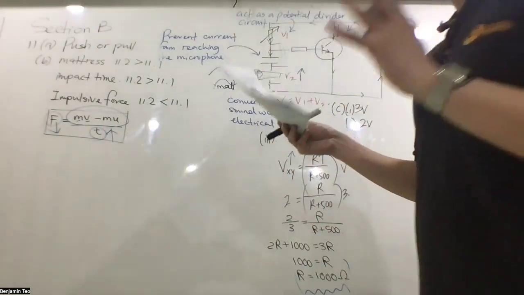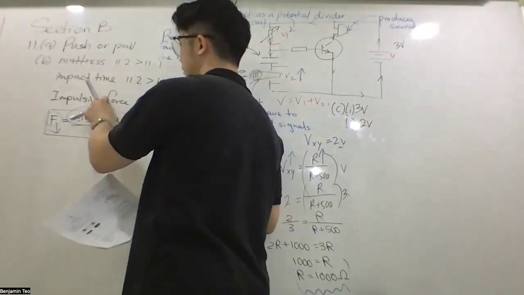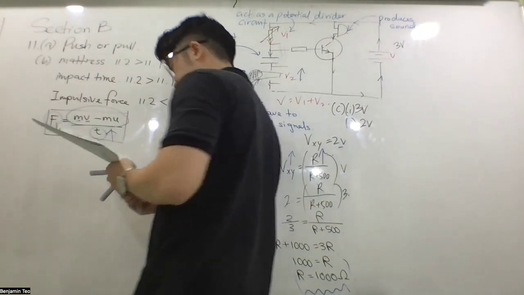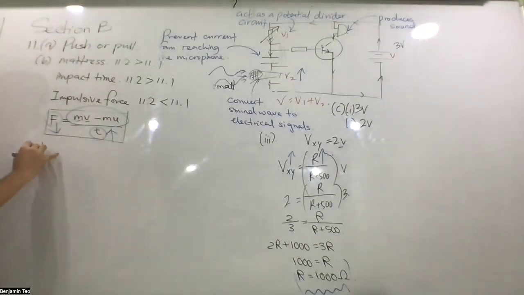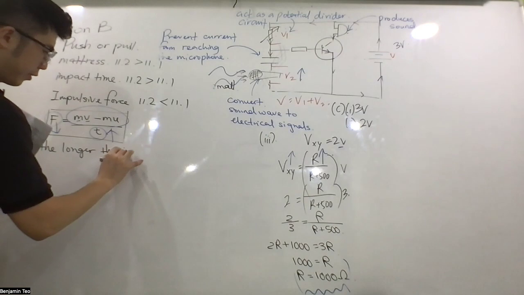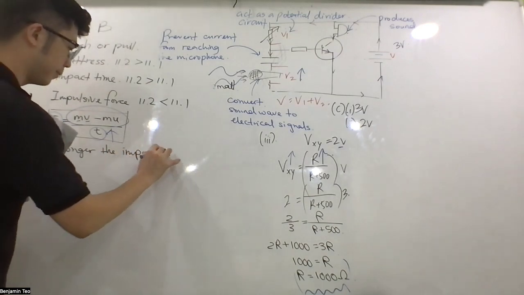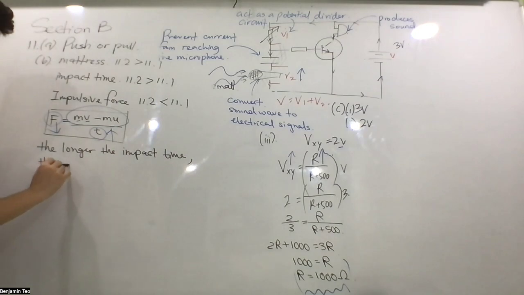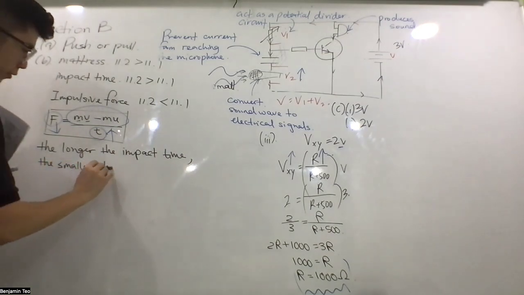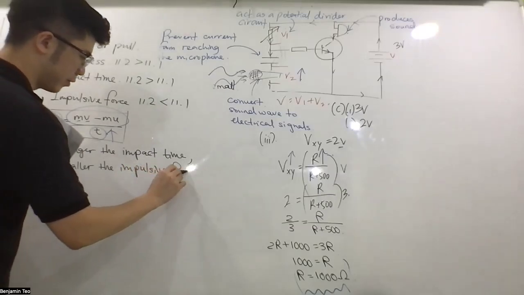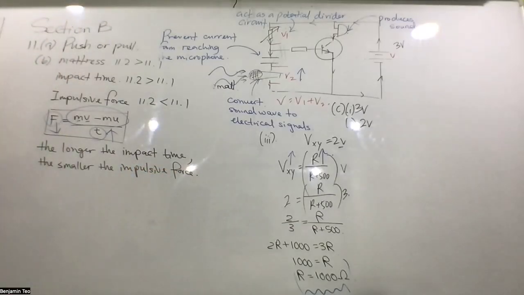So 这个是第4个 point 啊。So 3个 point 3分。第4个 point 就是 relate impact time, higher athlete's impulsive force. The longer the impact time, the smaller the impulsive force.